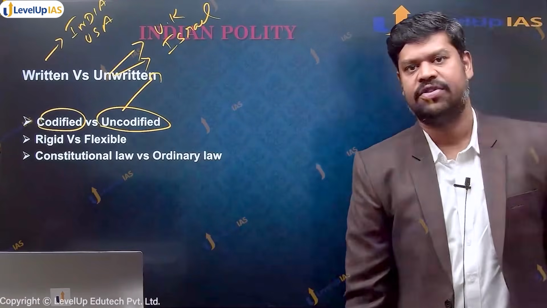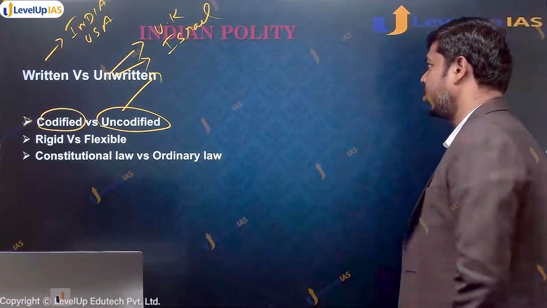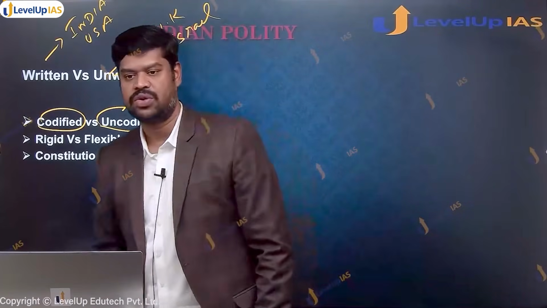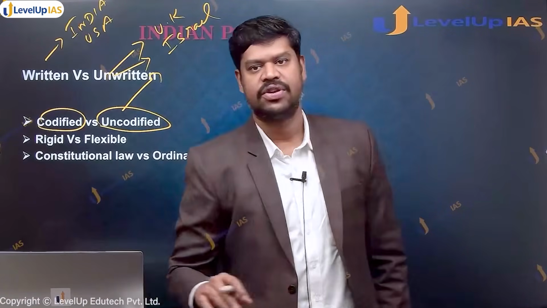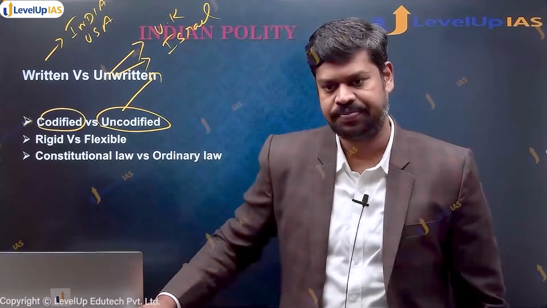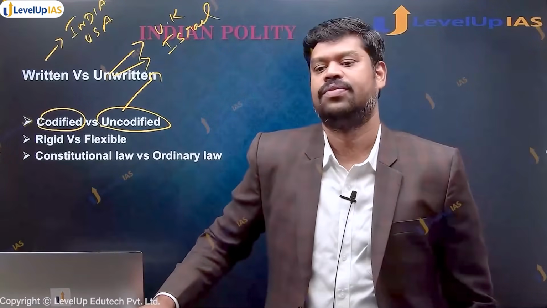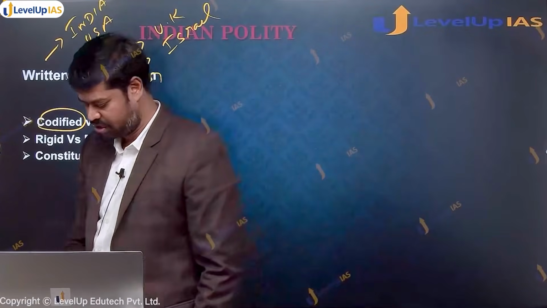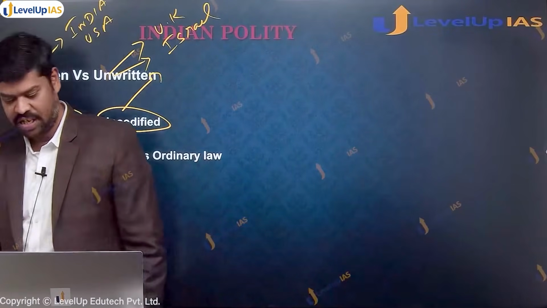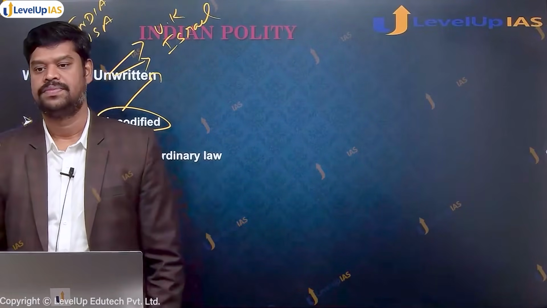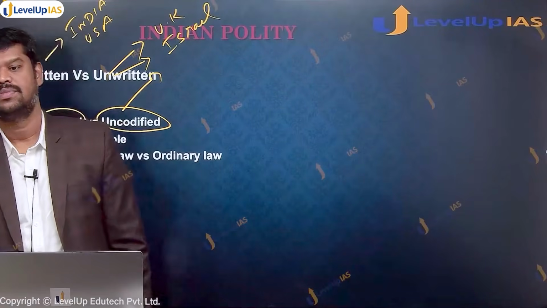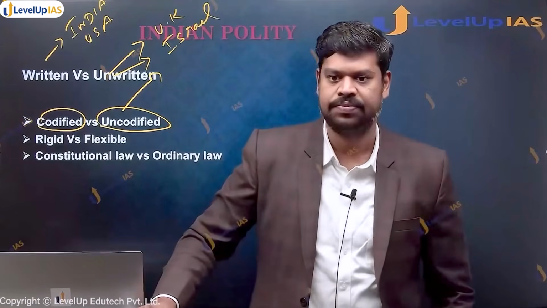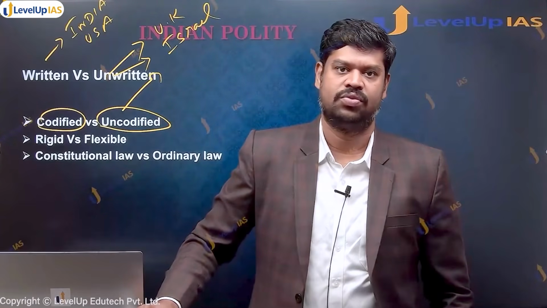So the difference is that a written constitution is codified and an unwritten constitution is uncodified. Now what is the difference between codified and uncodified? Codified means made in a structured manner. Uncodified means there is no structure to it.